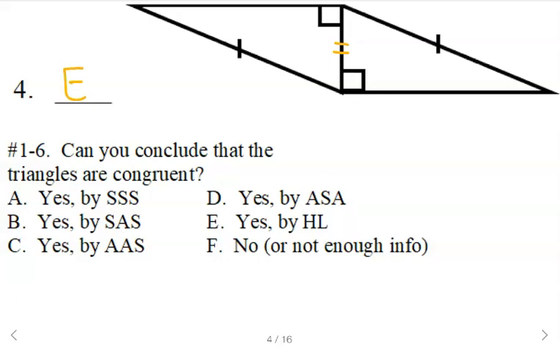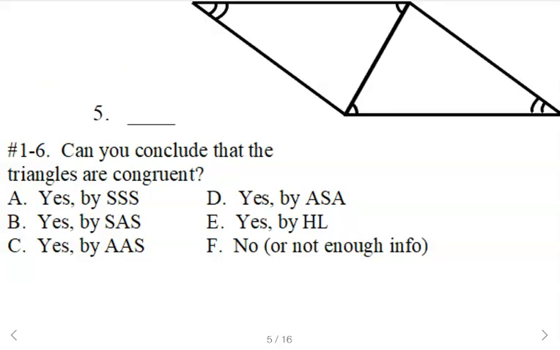So in general, angle-side-side is not a way to prove triangle congruence. But when you have that as a right angle, then we call it hypotenuse-leg. We only use the terms hypotenuse and leg if it's a right triangle. So this one is yes by hypotenuse-leg.